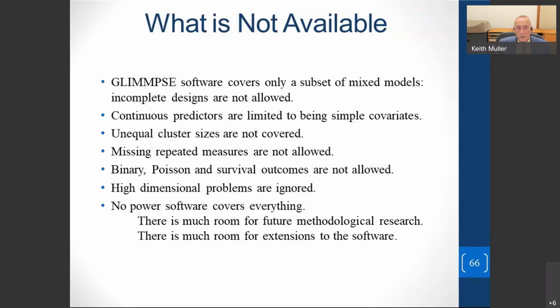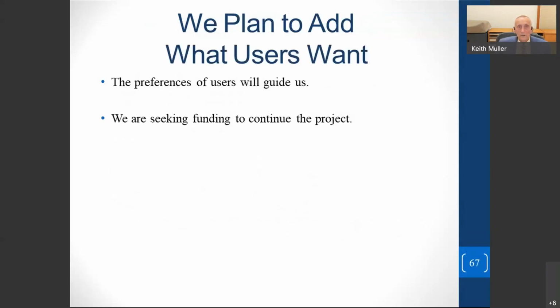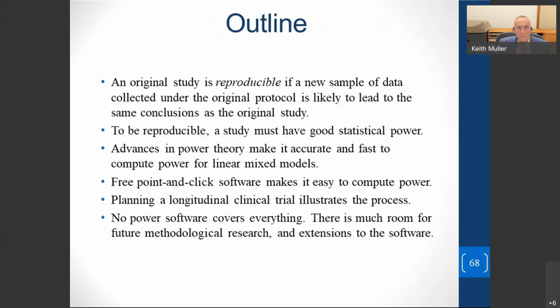There's no power software that covers everything. So there's much room for methods work, and there's also room for extensions to the software. We will follow and do what users ask us to do. The preferences of users will guide us. We are seeking funding to continue the project as we speak.